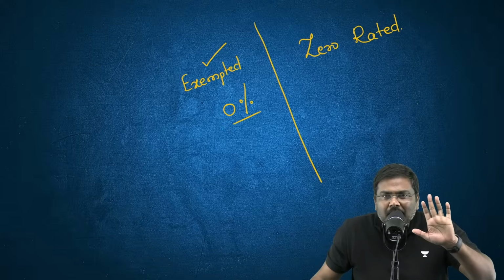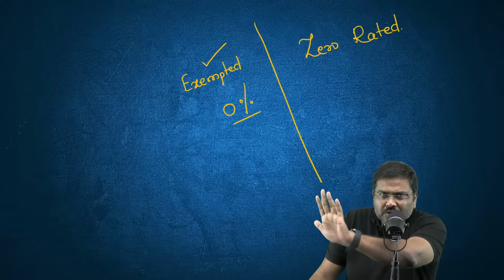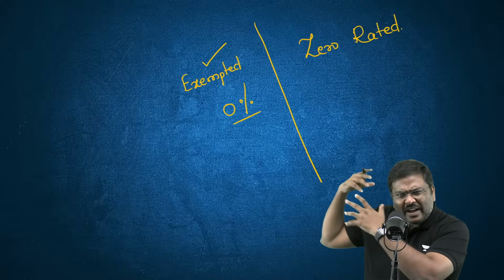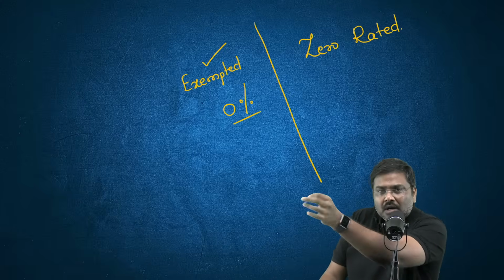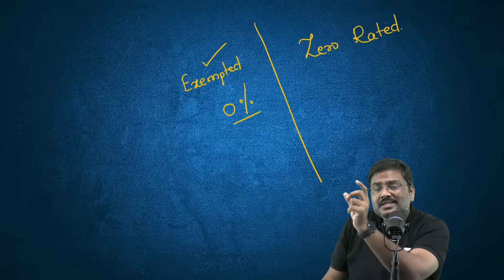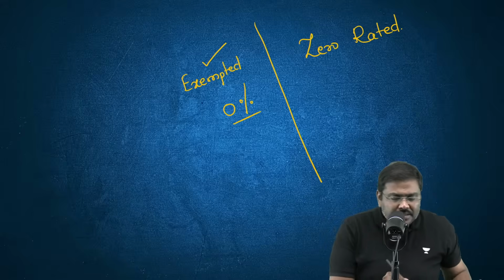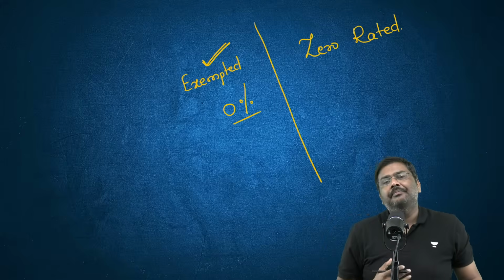Is everybody able to understand this? The inputs can have 5%, 12%, whatever it is, but when you sell, the output will attract 0% GST. This is called exempted.